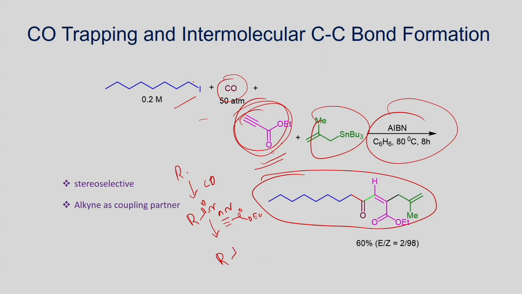You form this radical. Once you form this radical, as we have just seen, it can react with this allyl tin reagent as shown here.